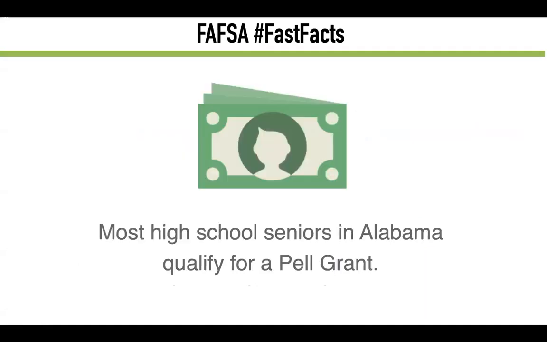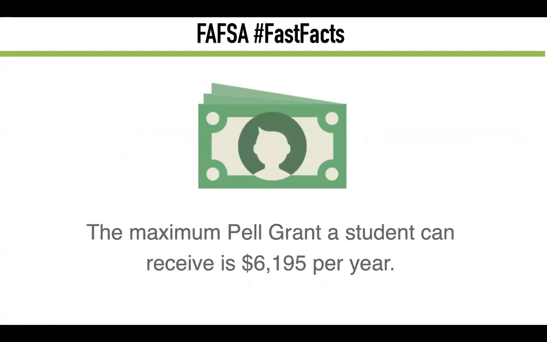Most high school students in Alabama qualify for a Pell Grant. The maximum amount a student can receive from a Pell Grant per year is $6,195. That is up this year. That's a new number. Last year it was $6,095, so this just went up $100 about a month ago.